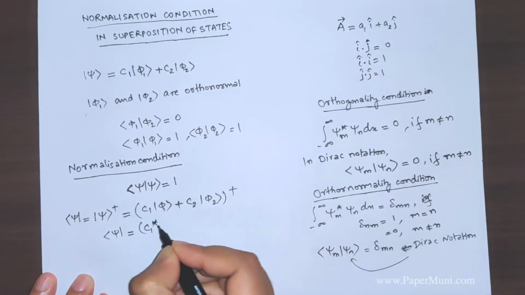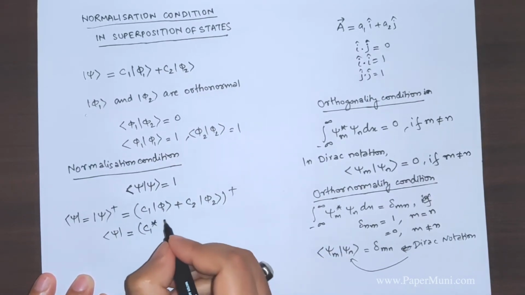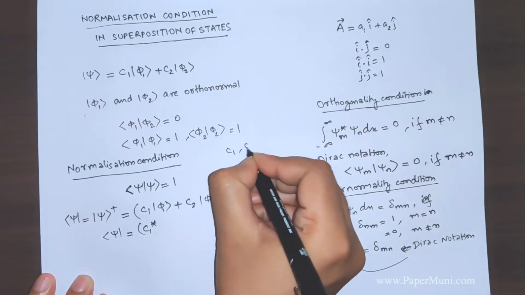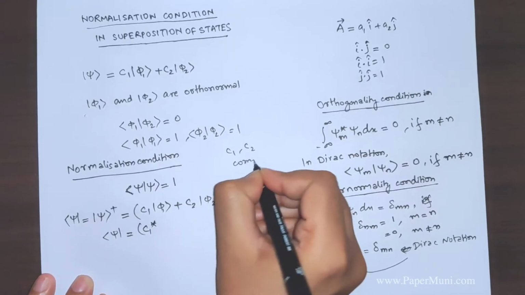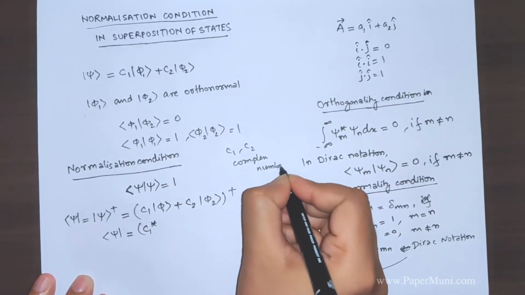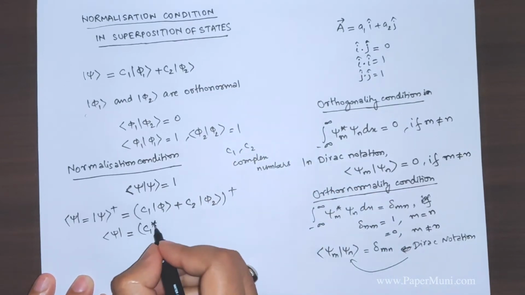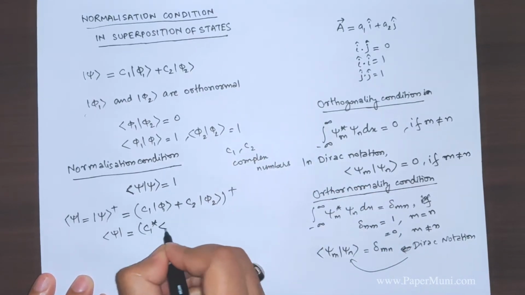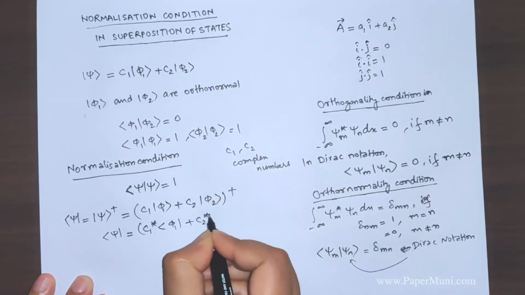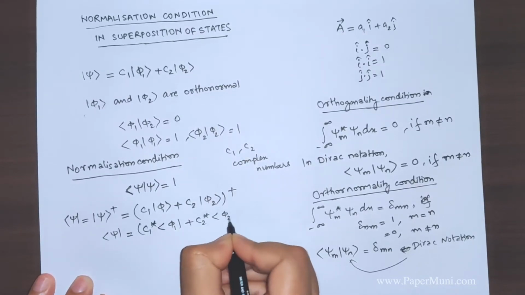The dagger operating on C1 will give you its conjugate, since C1 and C2 are complex numbers. So if you take a dagger, it will be C1 star phi 1 plus C2 star phi 2.